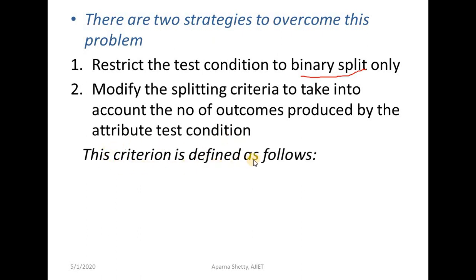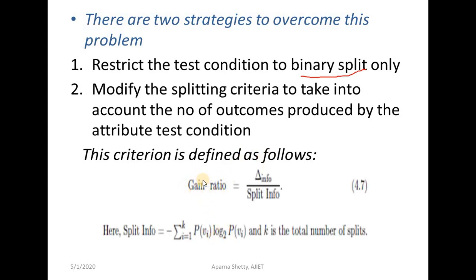This criterion is defined as follows. It is called gain ratio. Gain ratio is given by the formula information gain, which, as I told you, is the gain obtained from the entropy, divided by split info, where split info is given by the formula minus summation of i equals 1 to k of p of vi log to the base 2 of p of vi, and k is the total number of splits.